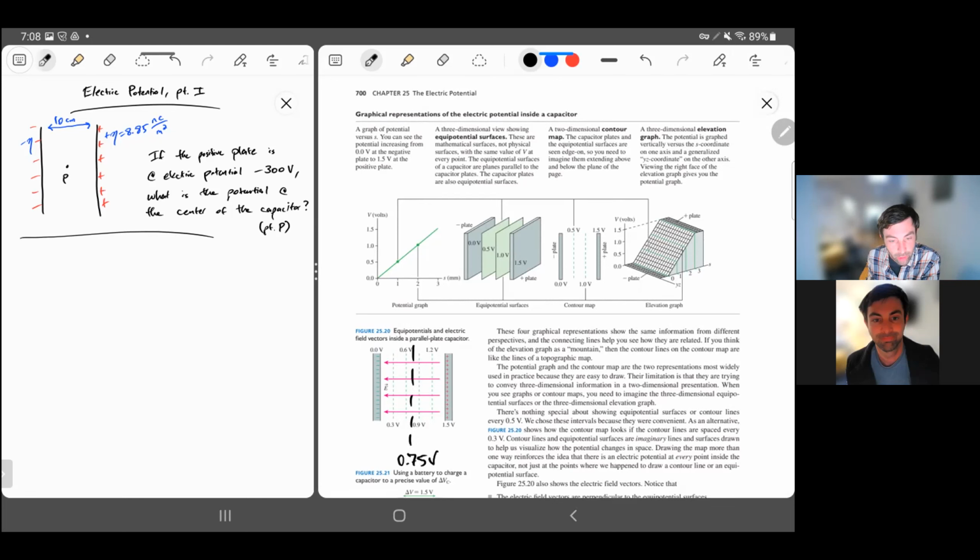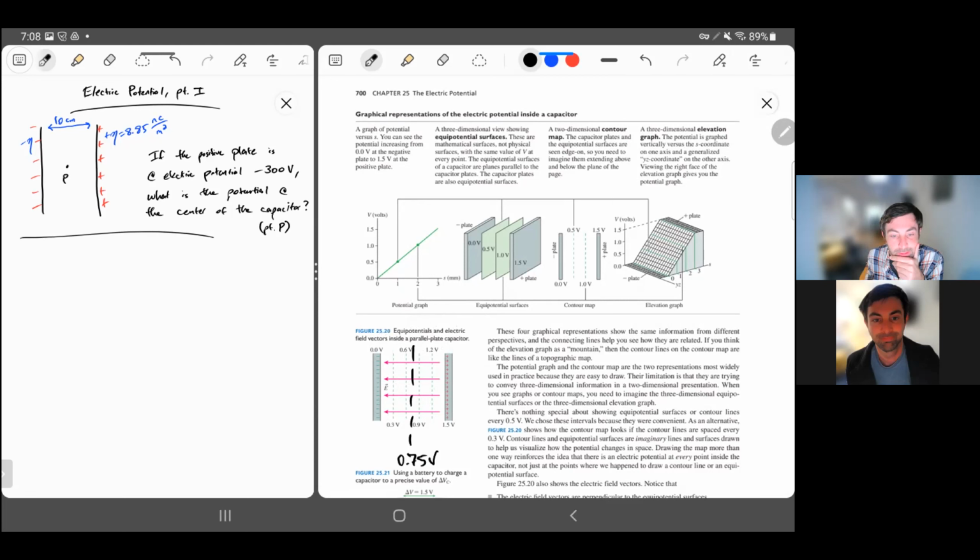So it looks like what the book has in this figure is it took the 1.5 volts and split it out over 1, 2, 3, 4, 5. So it drew some equipotentials inside here. You start off at 0 volts, and then 1, 2, 3, 4, 5. So it looks like the spacing between the equipotentials that they chose to draw is 0.3 volts for each one.